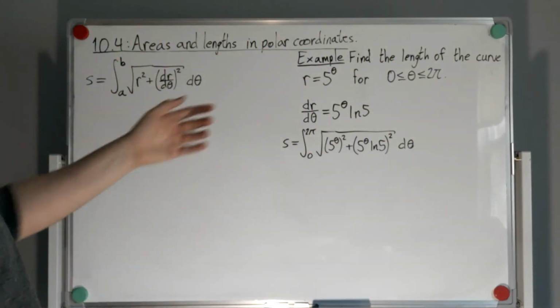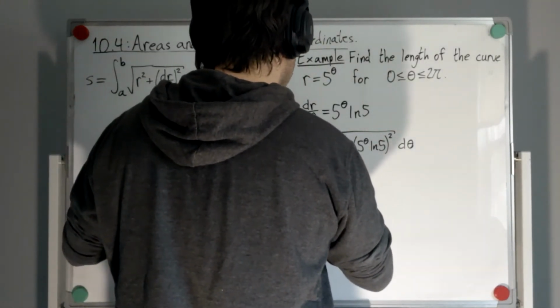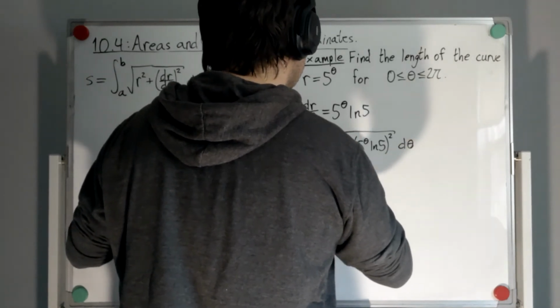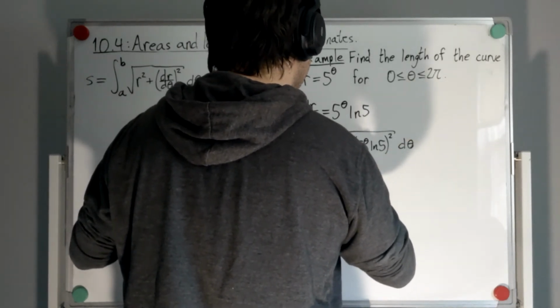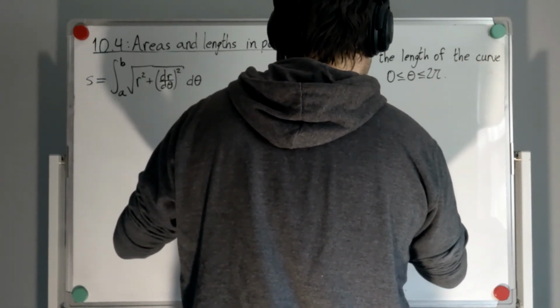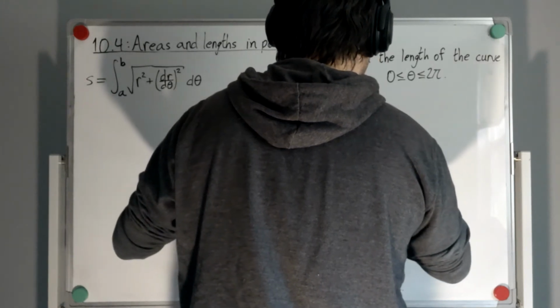All right, so now you square these things. What we get here is the integral from 0 to 2 pi of the square root of 5 to the 2 theta plus 5 to the 2 theta natural log 5 squared, d theta.